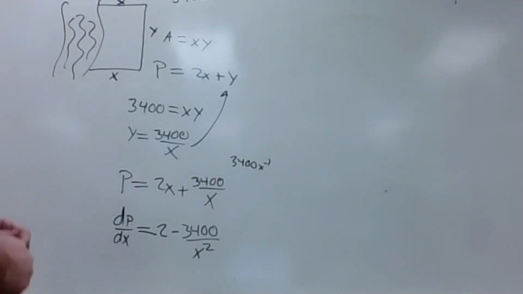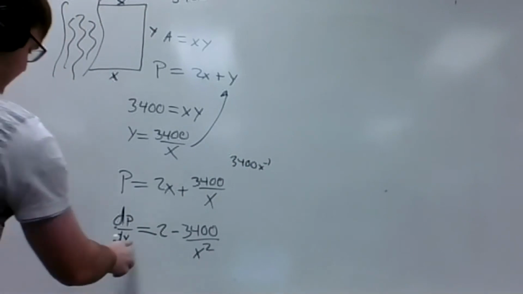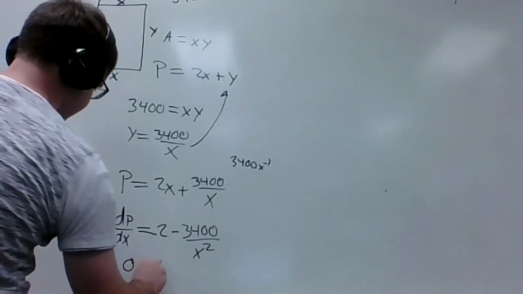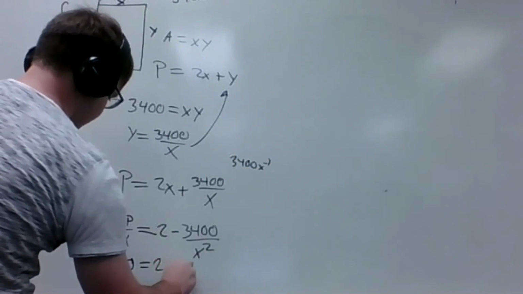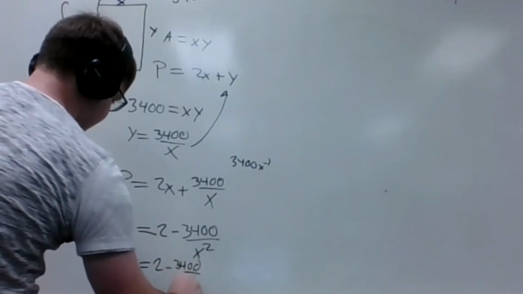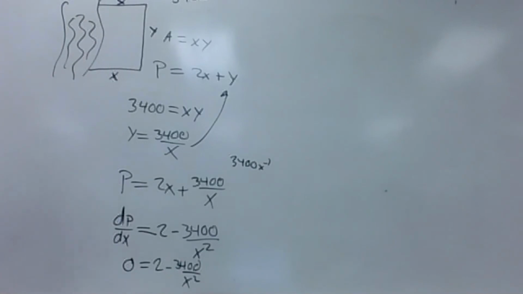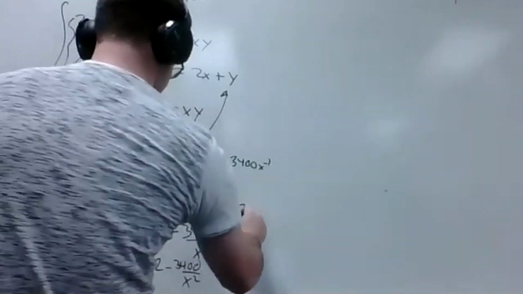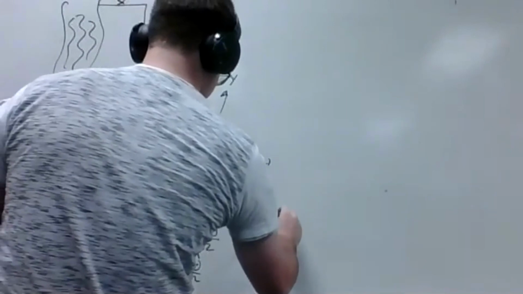And since it's a minimization problem, we want to set this equal to 0. So we're going to say 0 equals 2 minus 3,400 over x squared. Now we simply want to solve this for x. So we'll say that 2x squared equals 3,400.